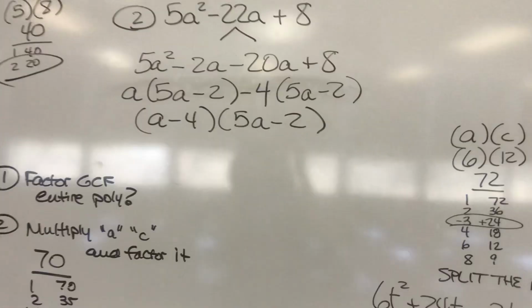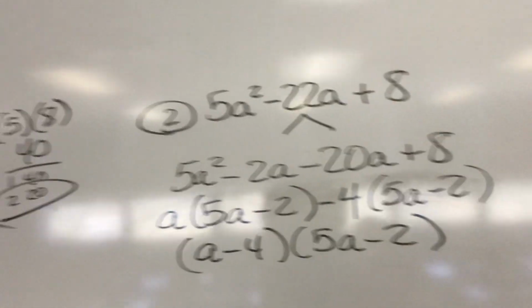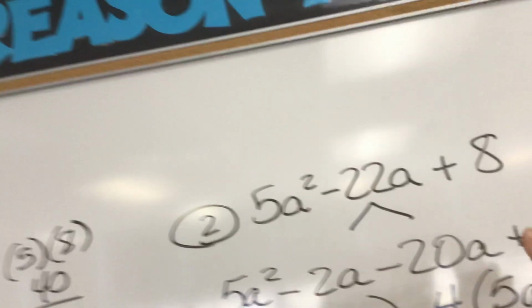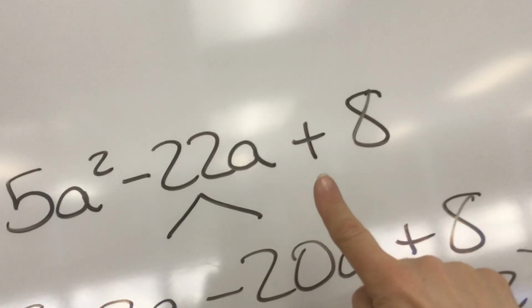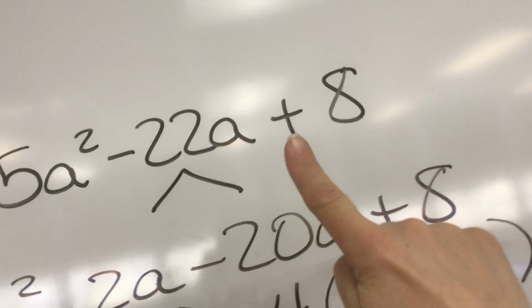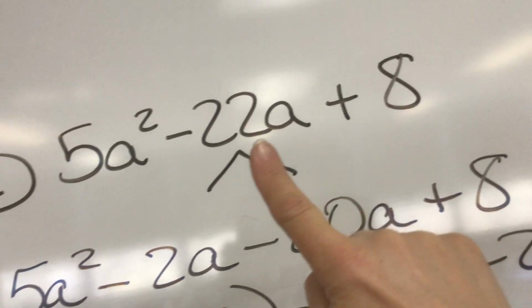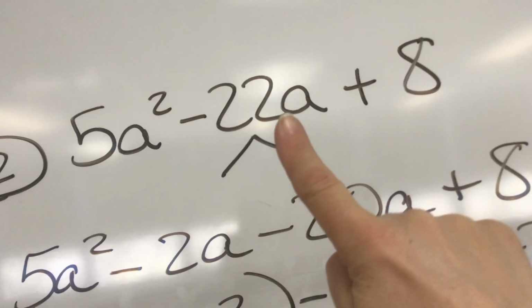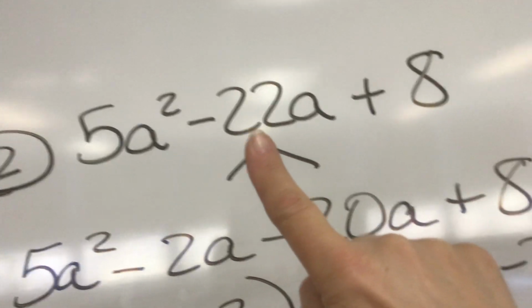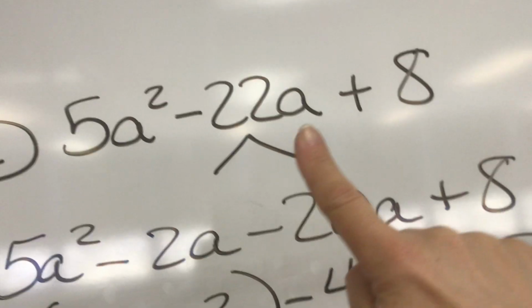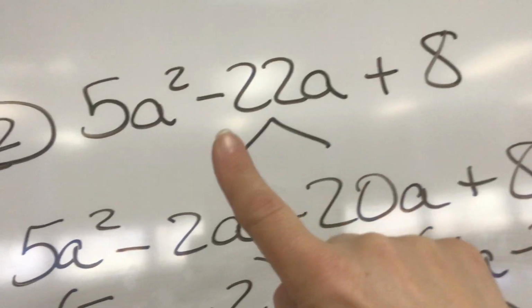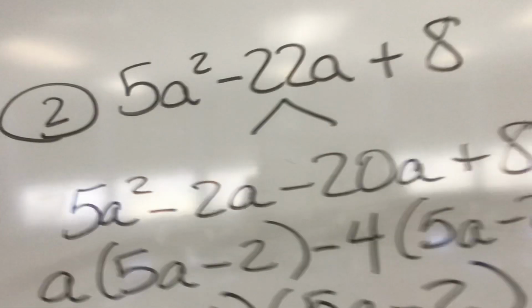And again, gentlemen, remember how I know that. Sorry, it's going to be hard for me to point here. Sum tells me I need a sum of negative 22. We started doing this in section 8.5, right? Sum of negative 22, okay?